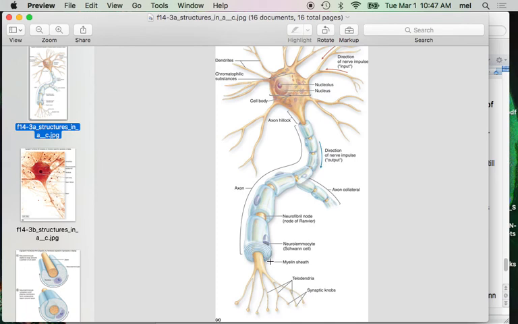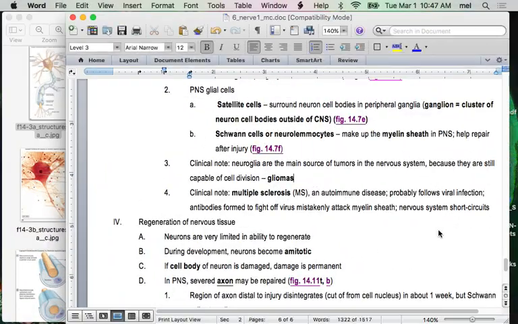It usually occurs up here. So it seems as if the problem is not getting it out here, but getting it out here to the peripheral nervous system. It doesn't quite make sense to me yet. So I don't know if that is known and I don't know it, or if that isn't known yet, because there's a lot of things I don't know. Okay, so that's MS and gliomas. Any questions? You guys good?